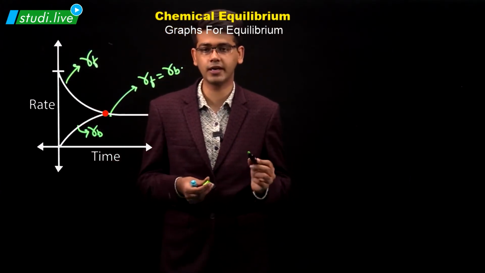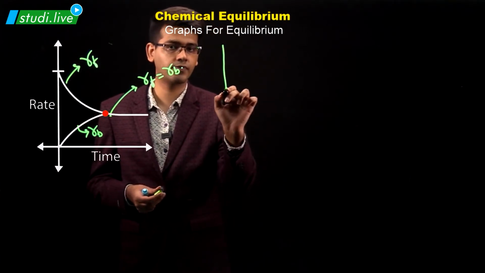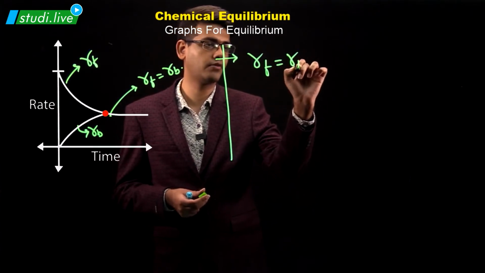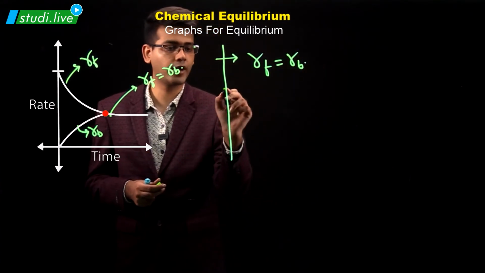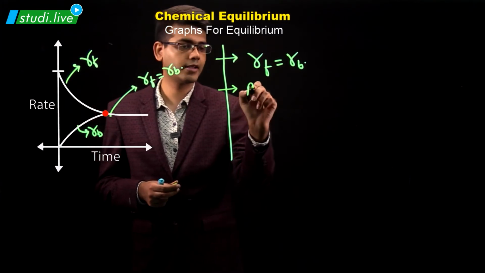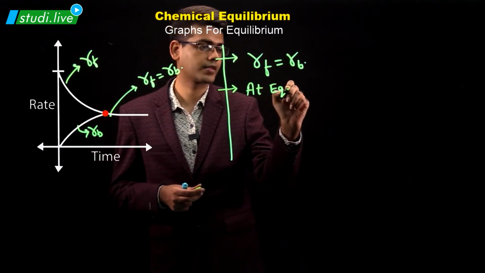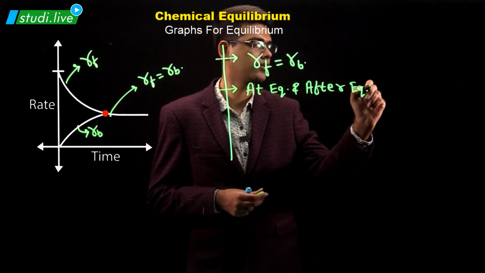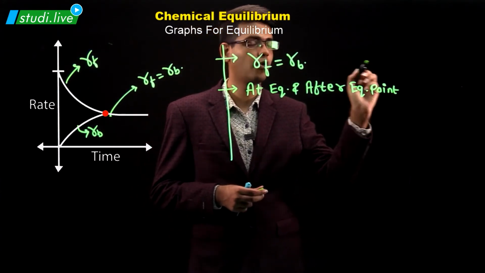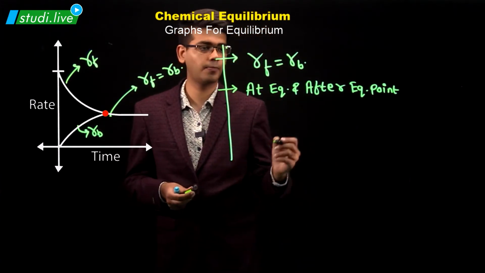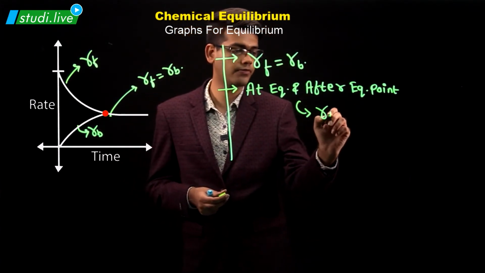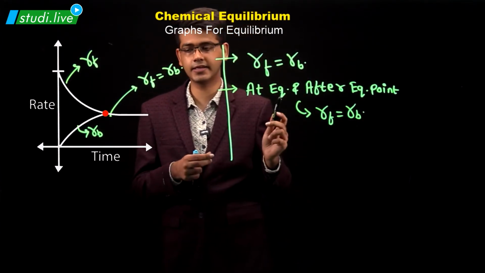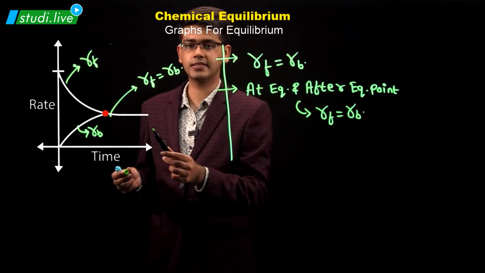In the previous video, we have already learned that for equilibrium, in case of any reversible reaction, the rate of forward reaction must be equal to rate of backward reaction. One more important point which we had learned is that at equilibrium point and after equilibrium point, at both the conditions, the rate of forward reaction should be equal to rate of backward reaction, and that condition is clearly seen in this particular graph.